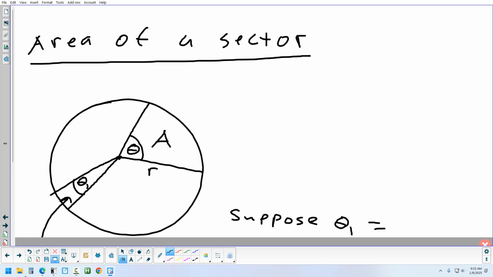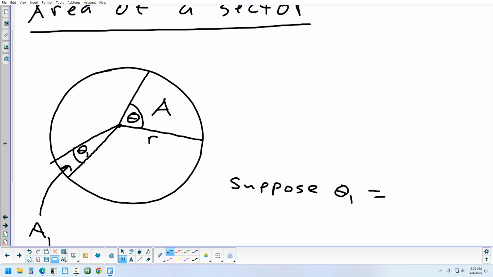All right, so here is the same kind of picture, except now I'm not focusing on S, which is the arc length. I'm focusing on area. So I got two angles, theta, theta 1. Theta carves out an area of that size, and theta 1 carves out an area of that size.